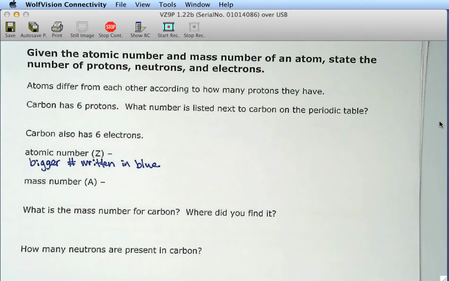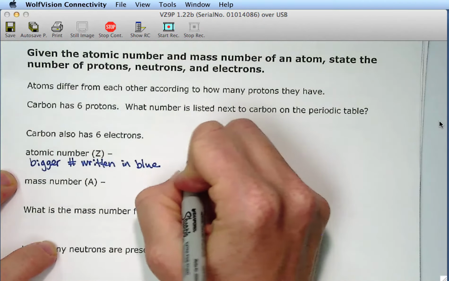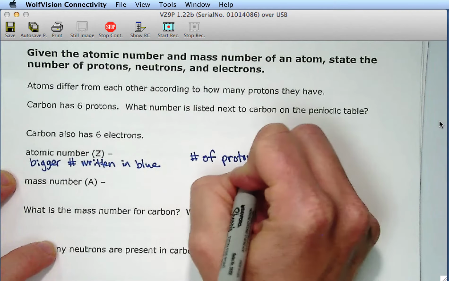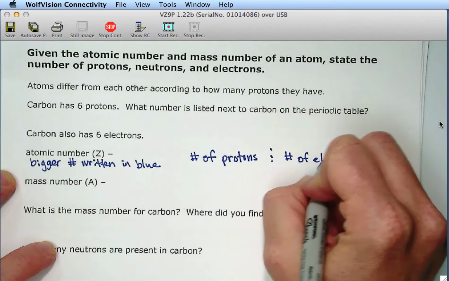tells how many protons and how many electrons are in an element. So this tells the number of protons and the number of electrons.